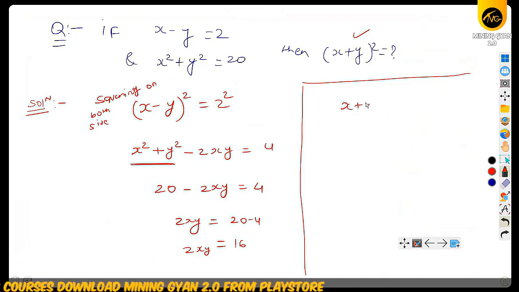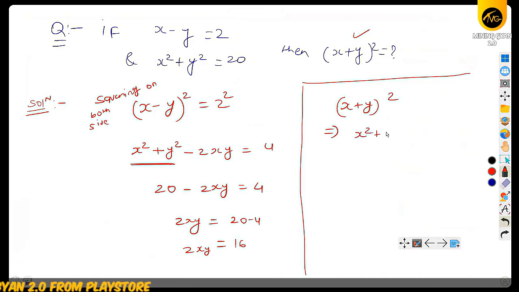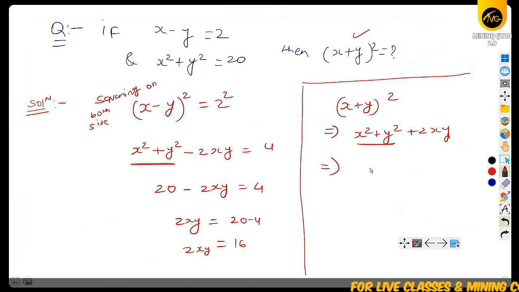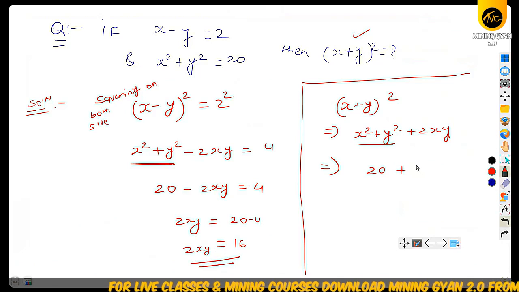So x plus y whole square is equal to x square plus y square plus 2xy. Now we already have the value of x square plus y square, which is 20, plus, in this case, the value of 2xy, that is 16.